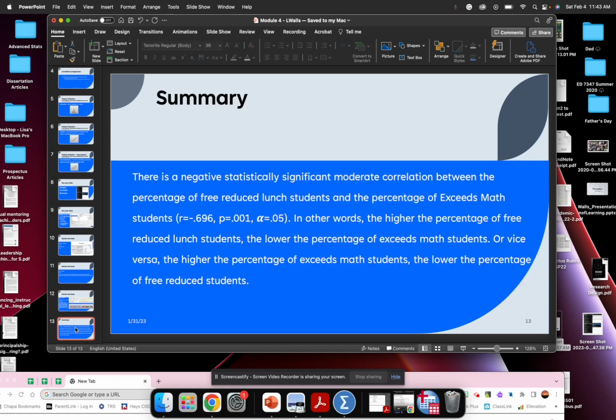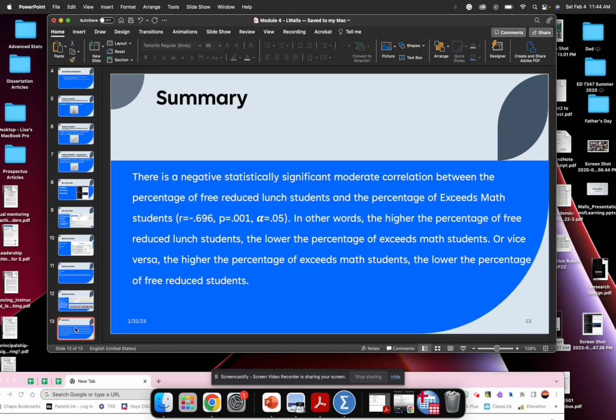So, as a summary, there is a negative statistically significant moderate correlation between the percentage of free reduced lunch students and the percentage of exceeds math students. So, our correlation is equal to negative 0.696, p is less than 0.001, and alpha is equal to 0.05.